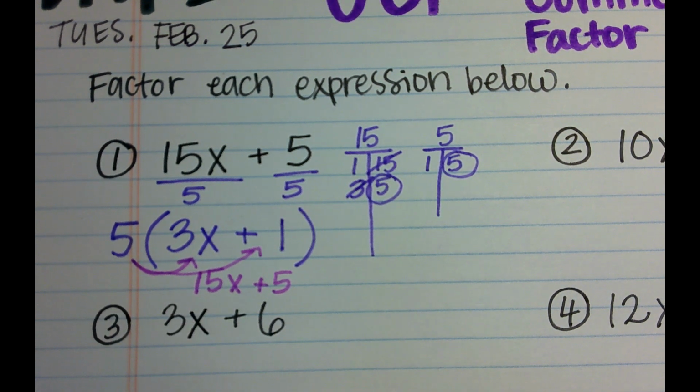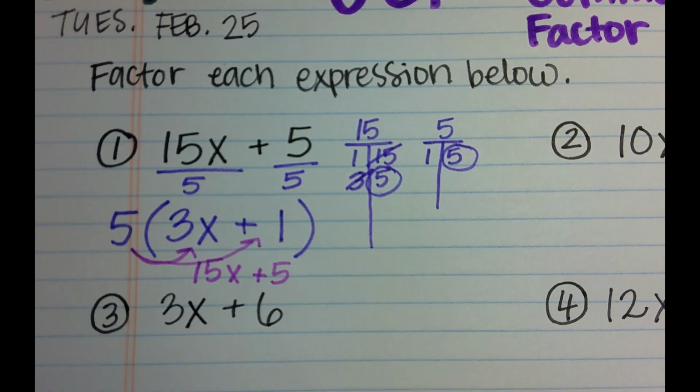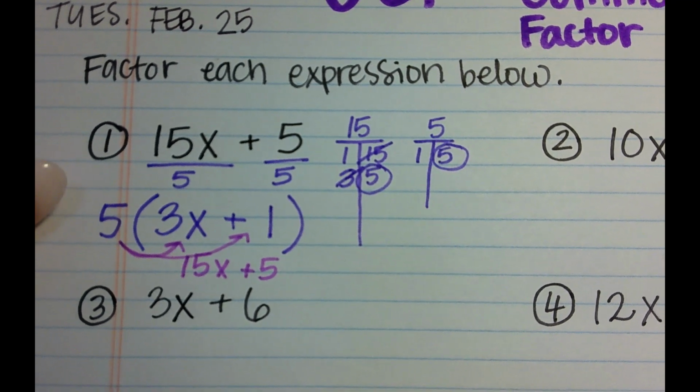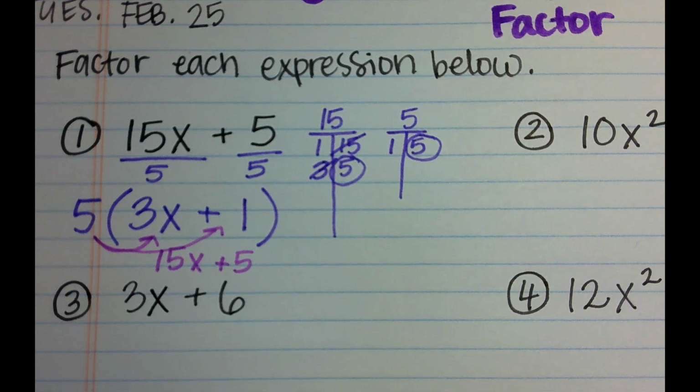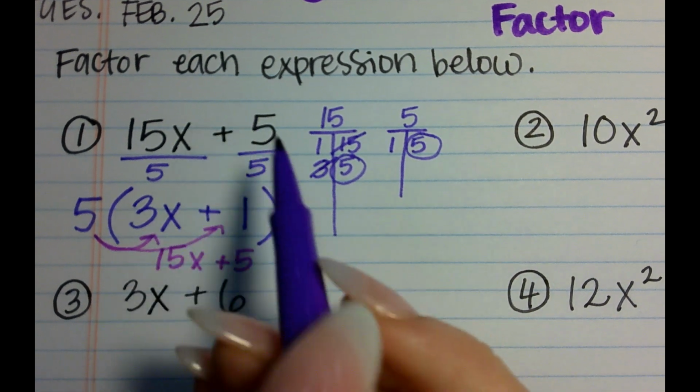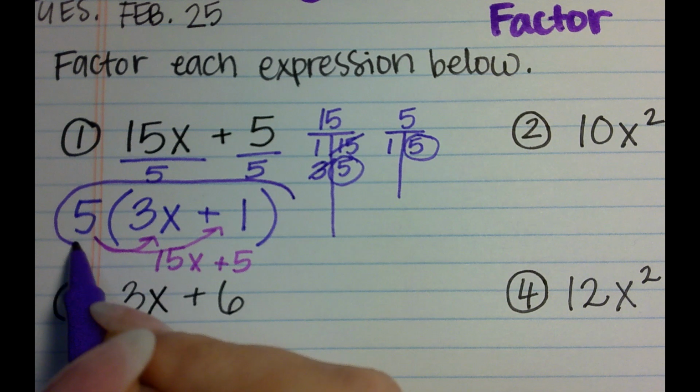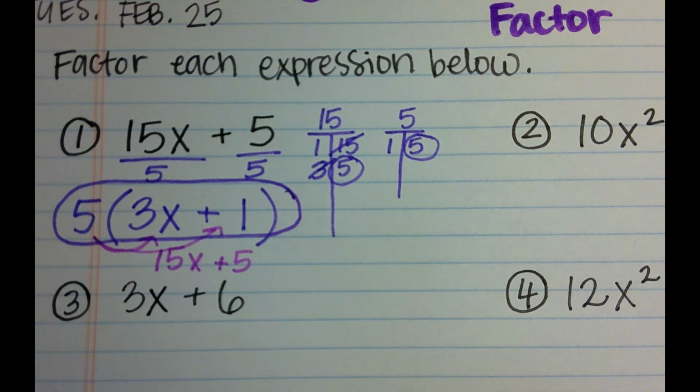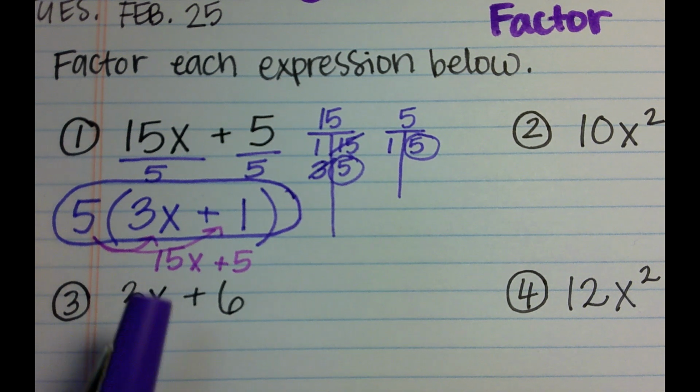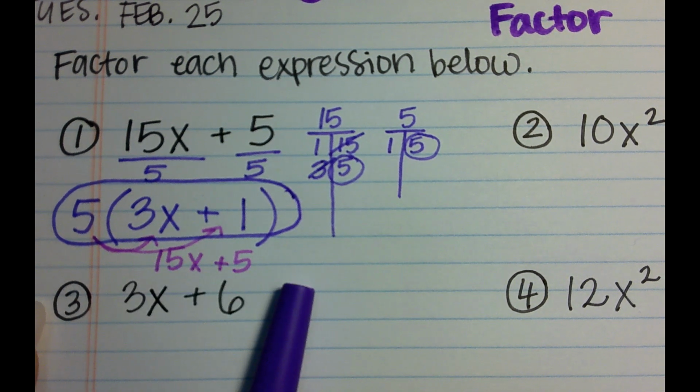It's always a good idea to revisit those different things we're doing. So this is our answer: 5 times the quantity 3x plus 1. That would be our fully factored version. Do we have any questions on number 1?